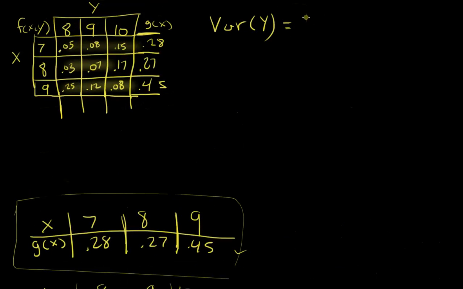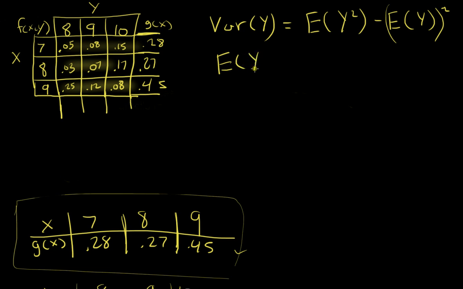So you need to know the equation: it's the expected value of y squared minus the expected value of y, squared. You'd want to start by finding the expected value of y squared. This would be the sum over y squared times h of y.